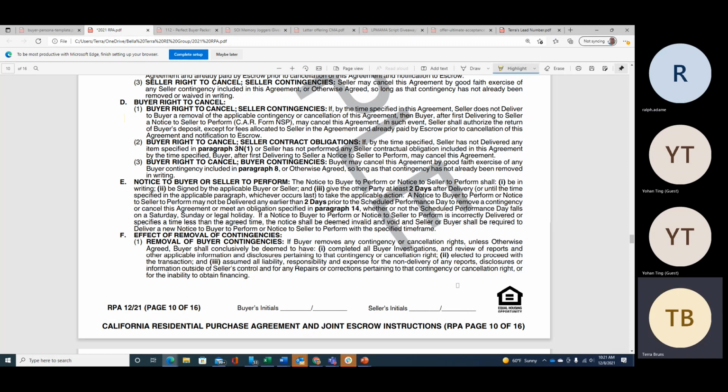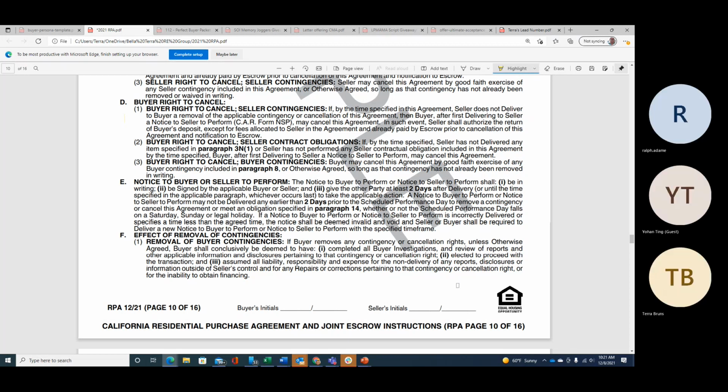Okay, so this is really important. If the buyer removes those contingencies, it's now understood that they have completed any investigation, any inspection, any contractors that they wanted to have come in and give them estimations, anything whatsoever.